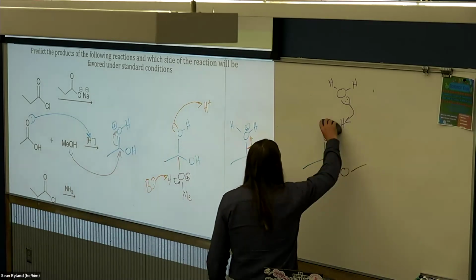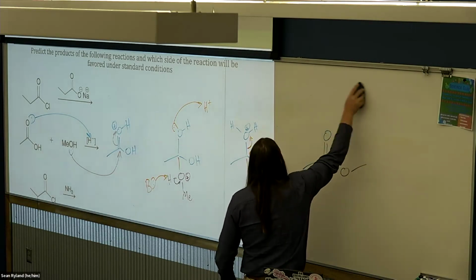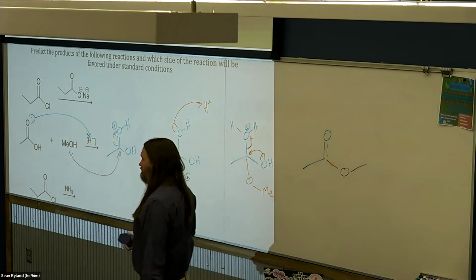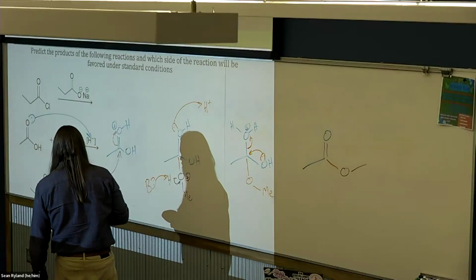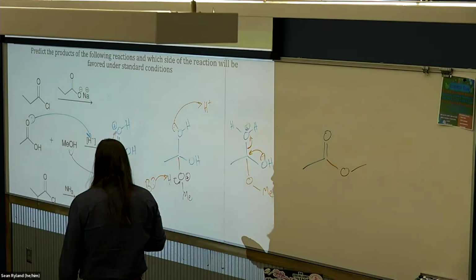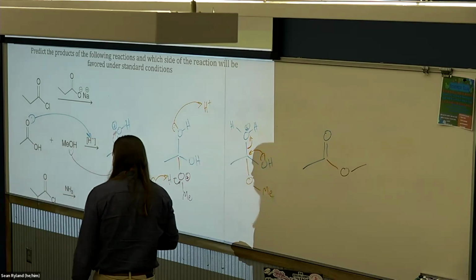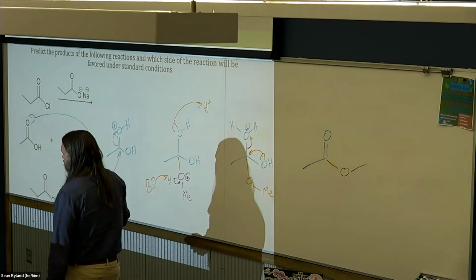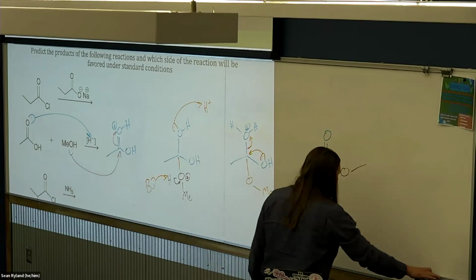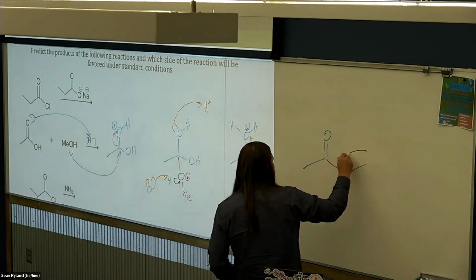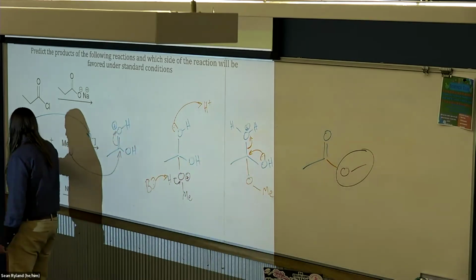So Riley, you said that the reactants are favored. Why? Because the OH is not very reactive, but the carbon-oxygen double bond is. So we're really comparing this as a leaving group to this as a leaving group.